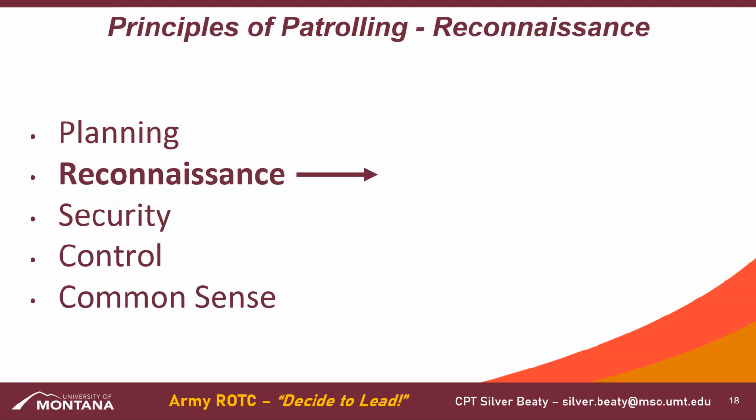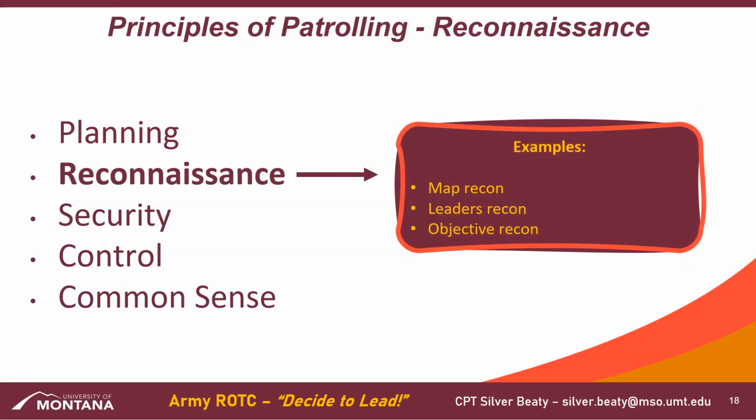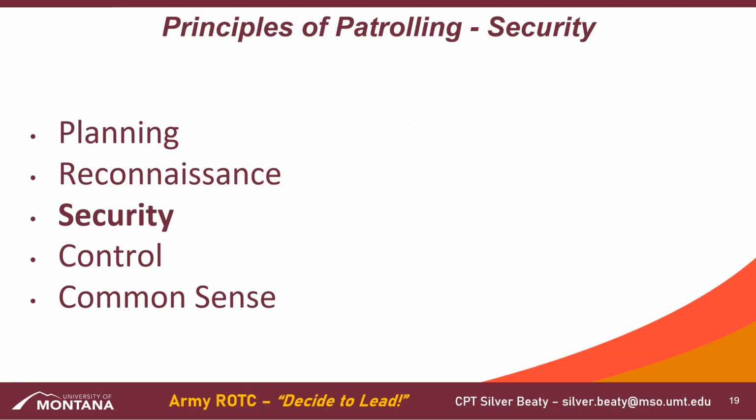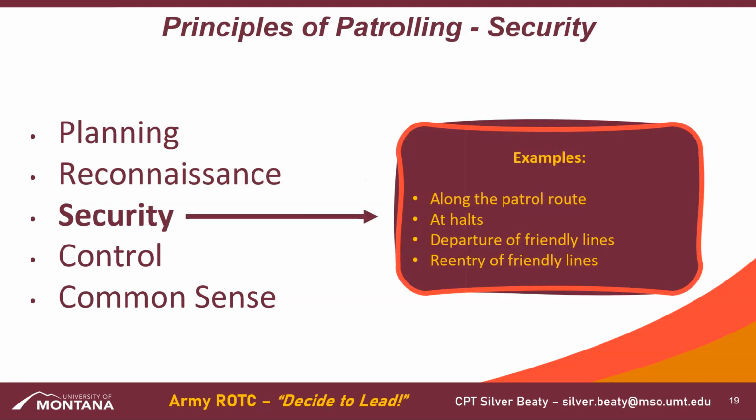And then as we move into reconnaissance, those examples are like a map recon, maybe a leader's recon, maybe an objective recon. As we're thinking through security, we're thinking about our security along the patrol route, at different halts, as we depart our friendly lines, as we re-enter our friendly lines.